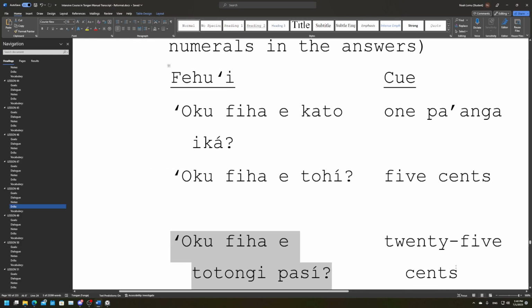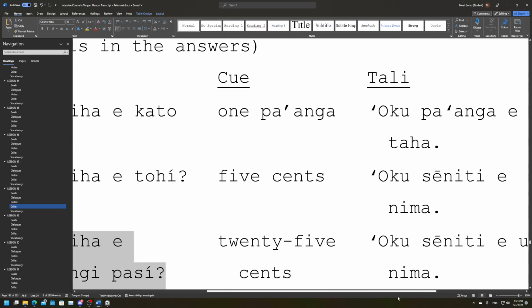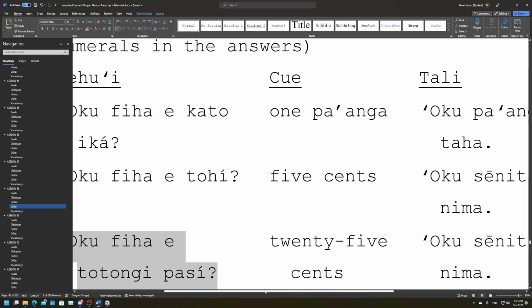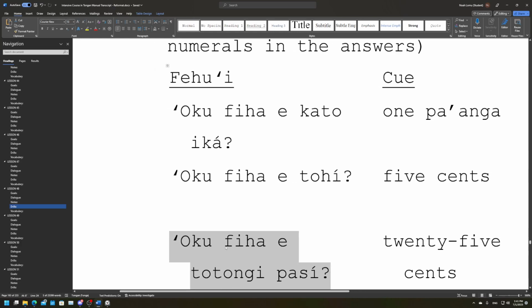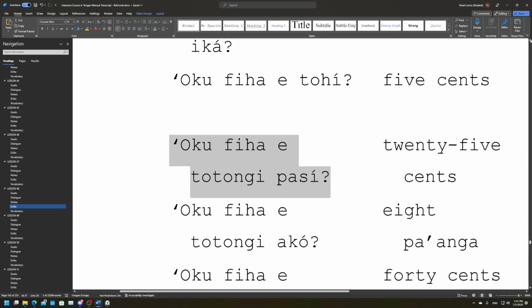Yes, the answer is 25 cents. Yes, so it's the number for 2 and the number for 5. No. So in the answer you just say oku, so it's sinite onima. Yeah.